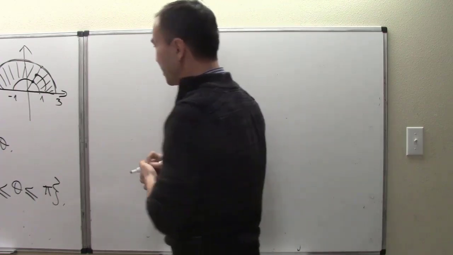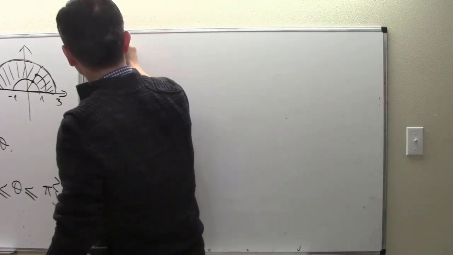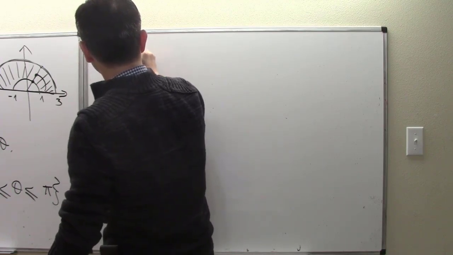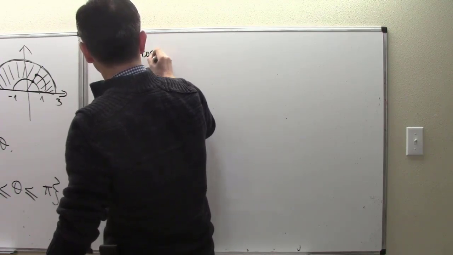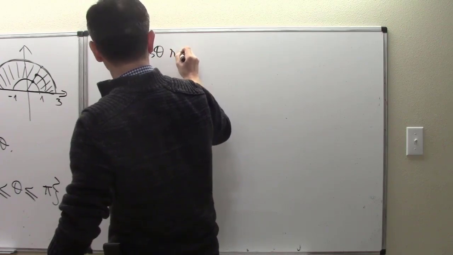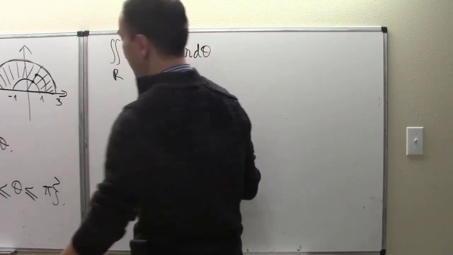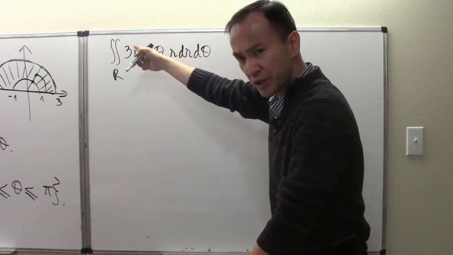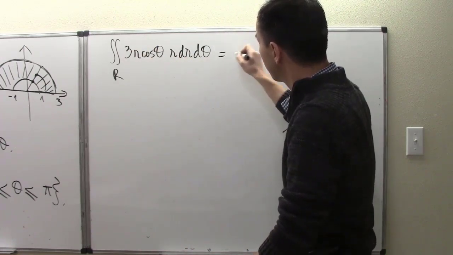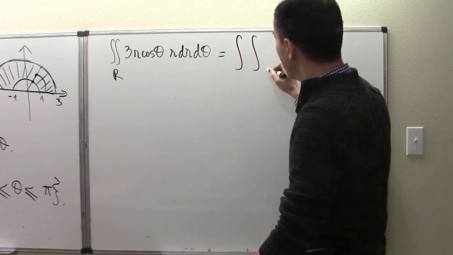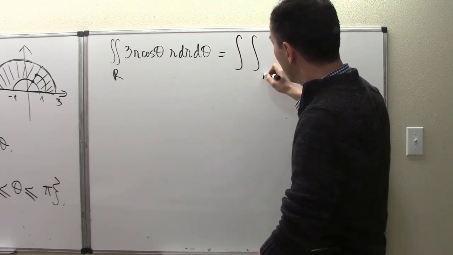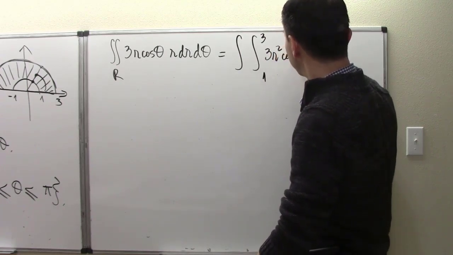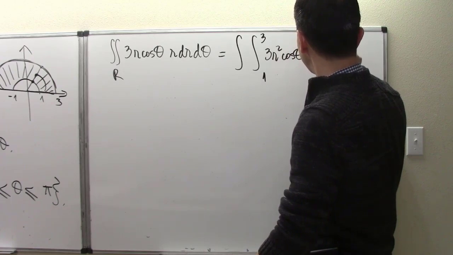And so from that way, now the integral of 3r times cosine theta times r dr d theta that we've had earlier, that same integral can be re-expressed. And by the way, this is an r squared, 3r squared, so we can re-express this as, see, we can go with r first, r going from 1 to 3, and it's 3r squared times cosine theta dr d theta.